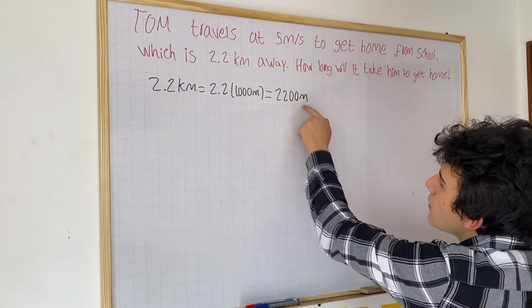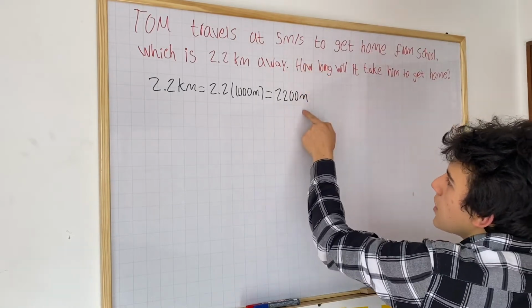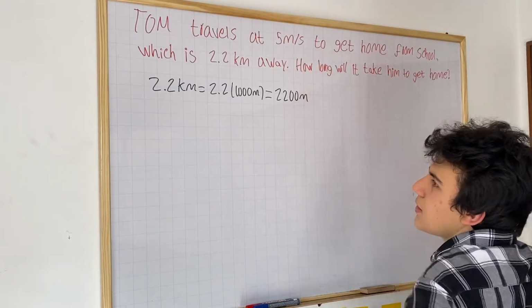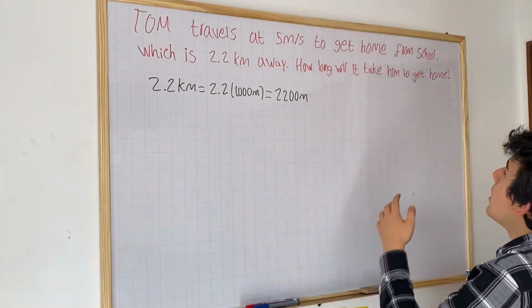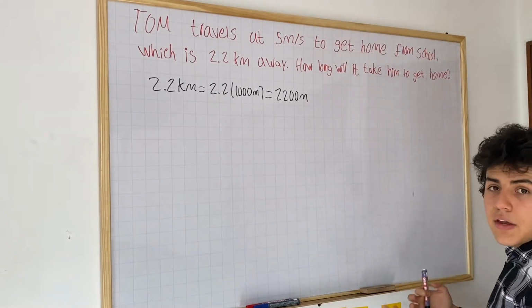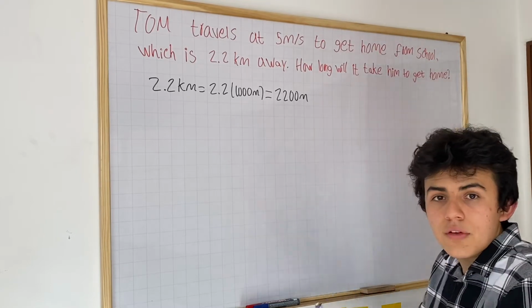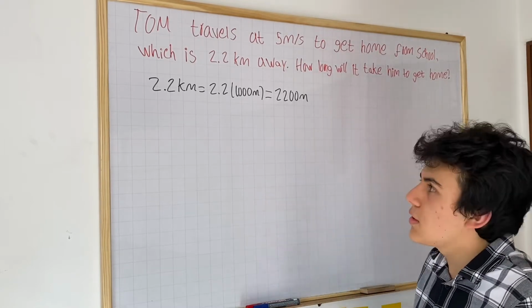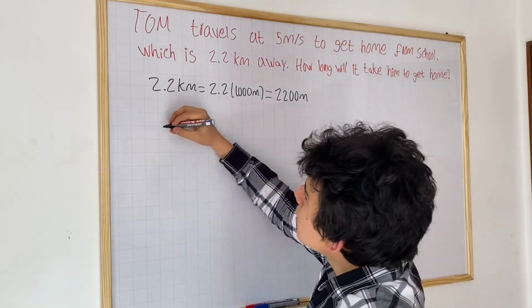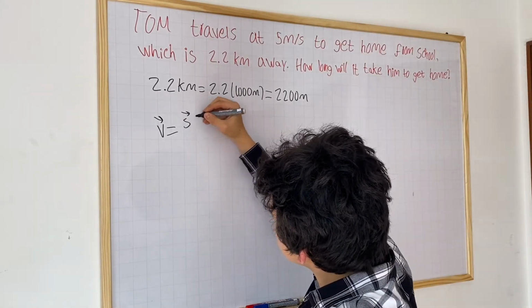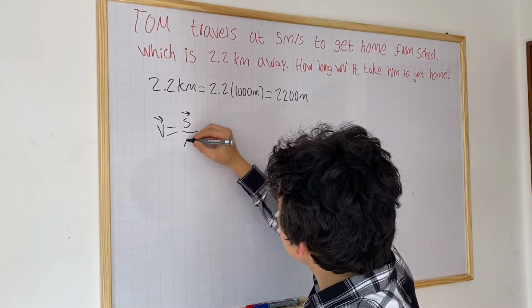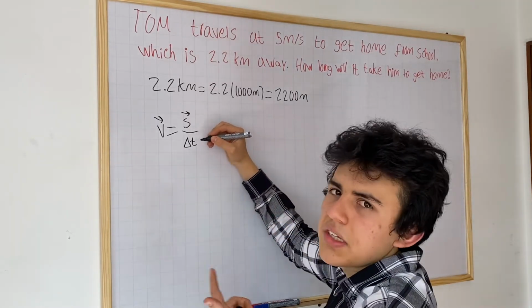Now we have these units, meters, that match the velocity that we have. Remember, in this case we have a velocity because we're being given a direction. Tom is traveling in a direction and we know it, so it's a velocity. So we have that velocity is equal to, just so you guys remember the equation, displacement divided by the change in time, or just simply time.